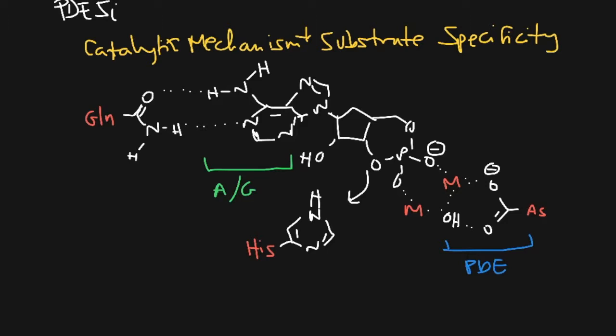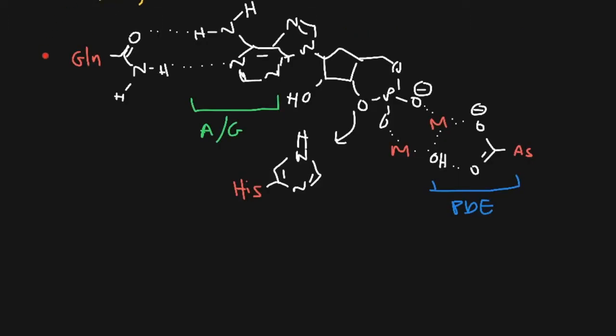So in this mechanism, know that glutamine right here forms a hydrogen bond network over here. So you see the hydrogens here and the hydrogens here with either adenine or guanine shown here. Well, this is adenine, and I was too lazy to draw guanine. But imagine that guanine can also be here. So glutamine forms a hydrogen bond network with adenine or guanine, which determines the selectivity for either guanine or adenine.